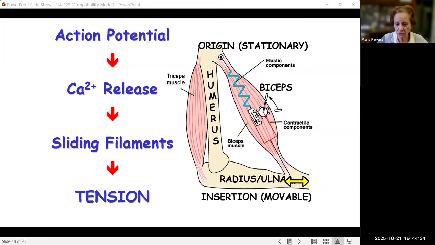And here you have the insertion, which is movable. So it depends on which bones the muscles are moving, right? Does this answer your question? Because you have some muscles that contract, other muscles that extend. I think I will answer your question better in another slide.